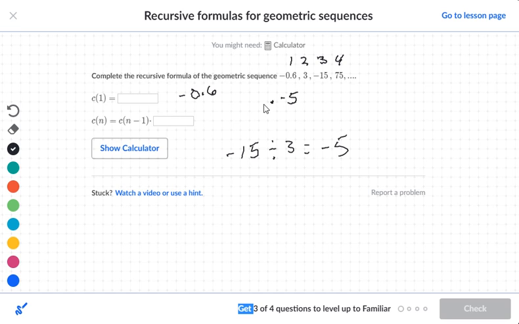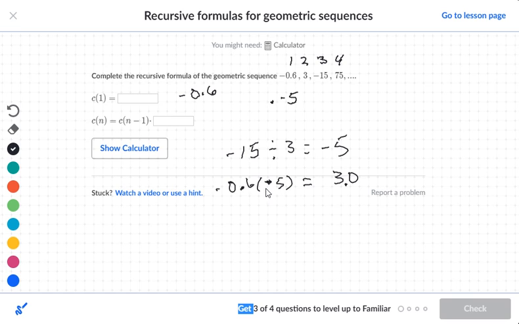Negative 0.6 times negative 5. Well, 6 times 5 would be 30, but we'd have to move the decimal back one place because we're multiplying with a decimal.